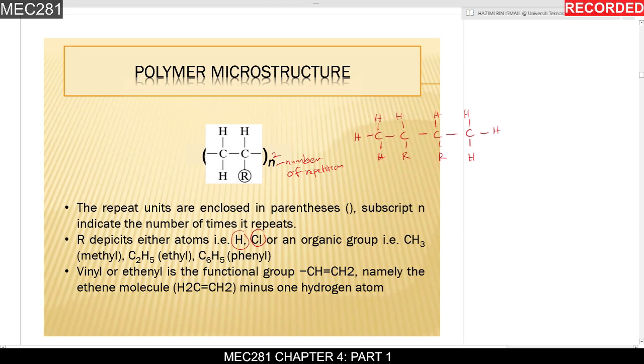Okay, vinyl or ethenyl is the functional group CH double bonded to CH2, namely the ethene molecule minus 1 hydrogen atom. So this is the microstructure of a polymer.